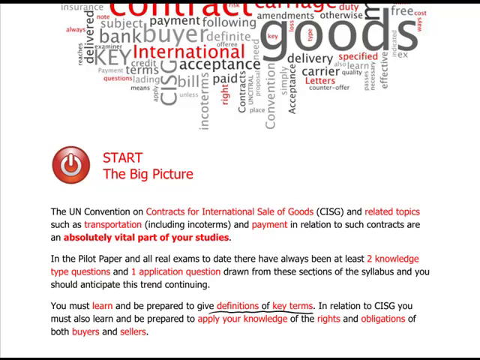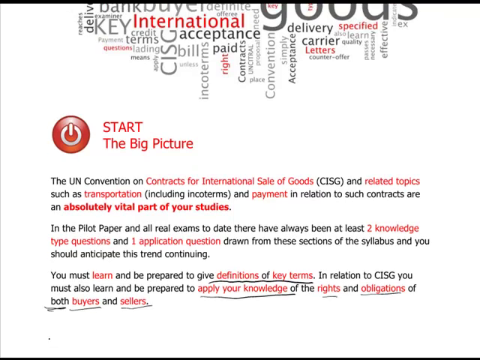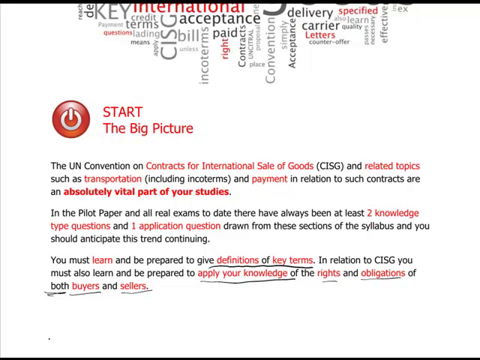You must also be able to, in the context of contracts for international sale of goods, apply your knowledge of the rights and obligations of either buyers and sellers, or maybe both. Sometimes the examiner puts it one way, what's the buyer's right, sometimes it's the seller's rights. They might lay out a scenario where something's gone wrong and then leave you to apply your knowledge.